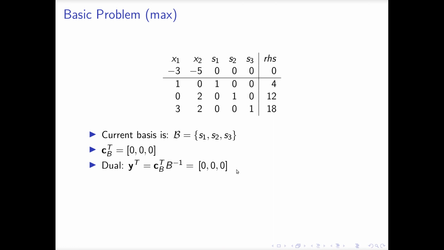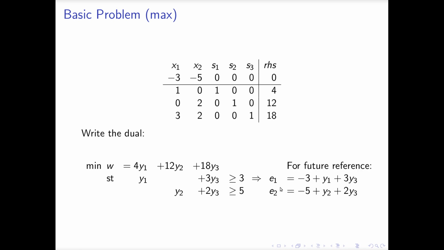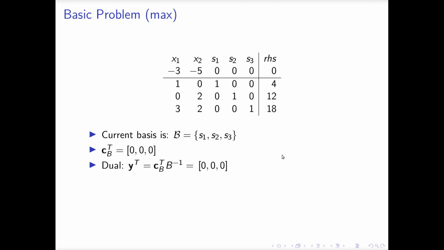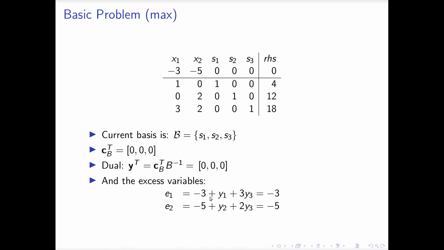How do I get my E1 and E2 from that? Remember that we had our equations back here. Putting in zeros for the y's gives me minus 3 and minus 5 for my e's. So my y's were 0, and my excess variables are minus 3 and minus 5, because I'm putting in 0 for those.